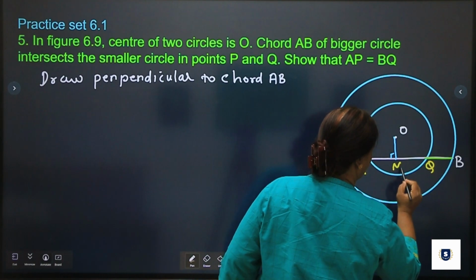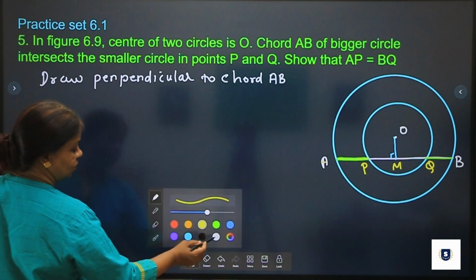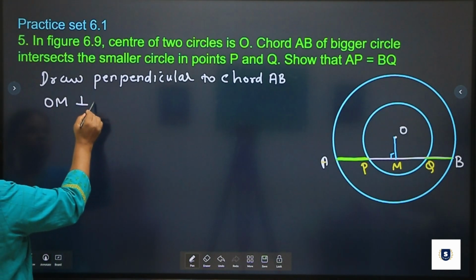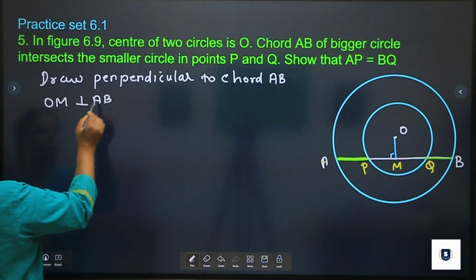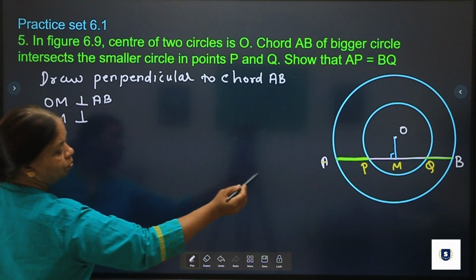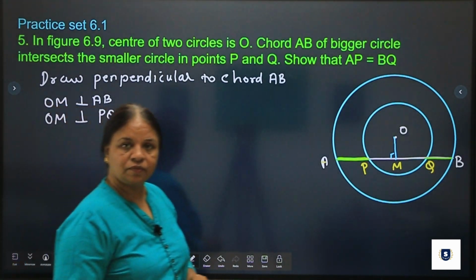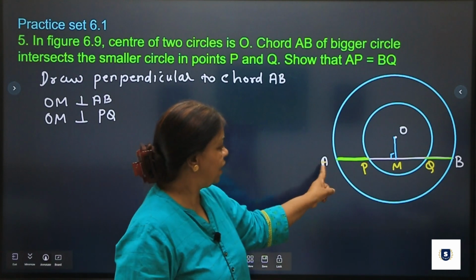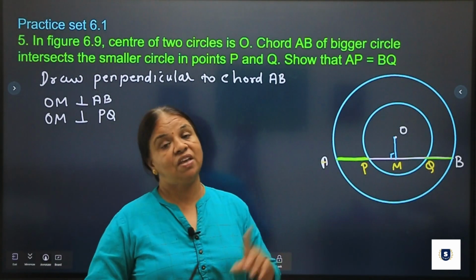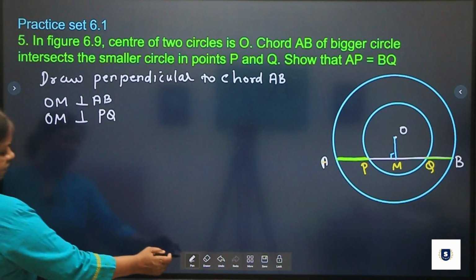So OM is perpendicular to AB, and also OM is perpendicular to PQ. Fine. OM is perpendicular to AB and OM is perpendicular to PQ. And how did we get this? We have drawn this. Clear? And we know this.